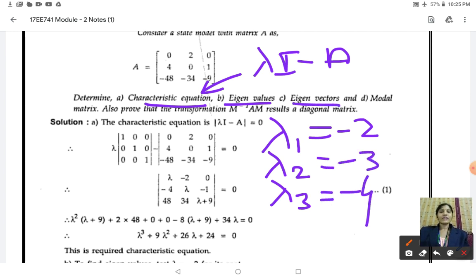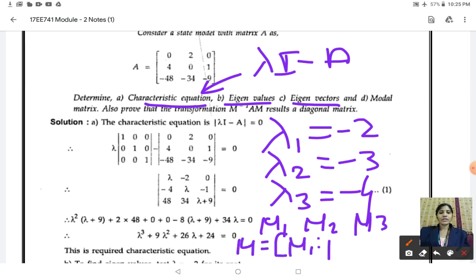And eigenvectors also you have obtained, m1, m2, m3, and the model matrix also you have obtained as M is equal to m1, m2, m3. So all the factors you have identified except the last one.